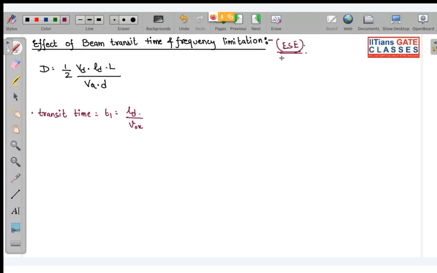So write one point: transit time imposes limitation on the upper frequency limit.